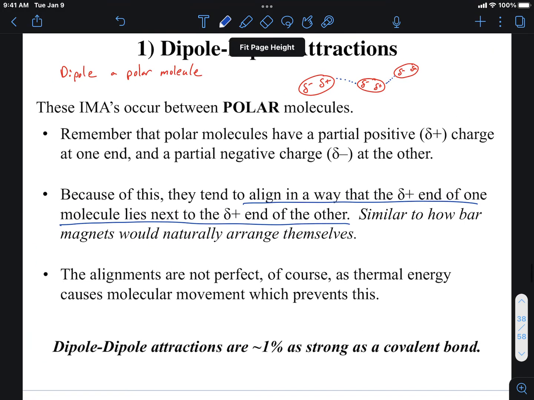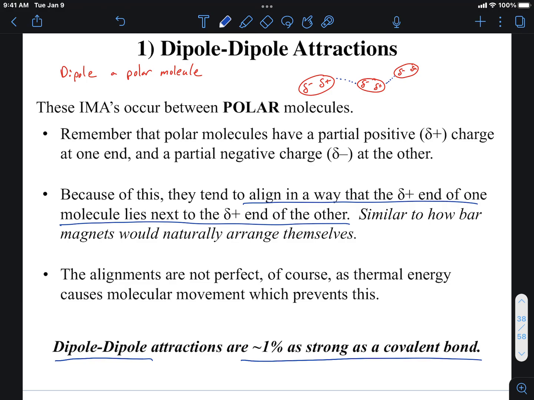A dipole-dipole attraction is only about 1% the strength of a covalent bond. So just to give you an idea, we said it was stronger. How much stronger? This much stronger. Covalent bonds are about 100 times stronger than this dipole-dipole attraction. Okay, so big difference.